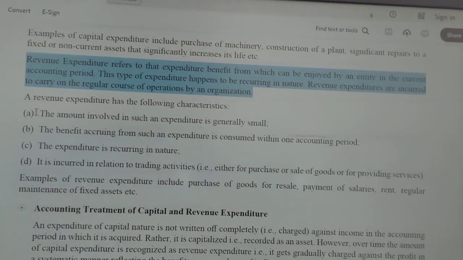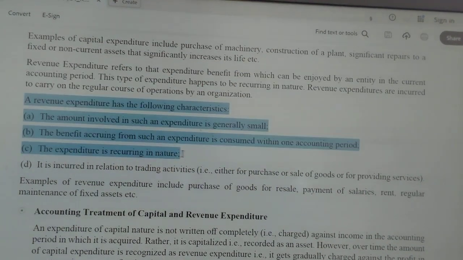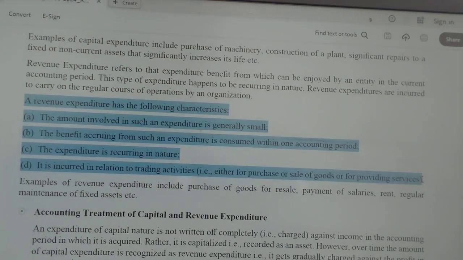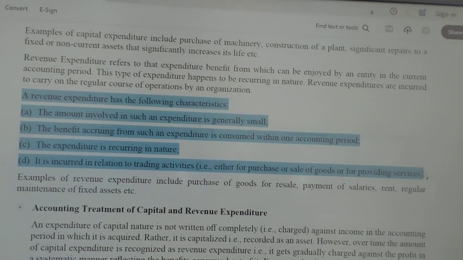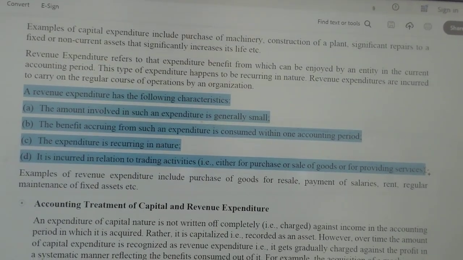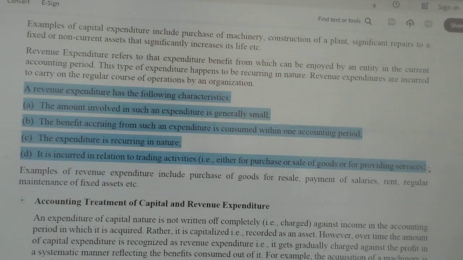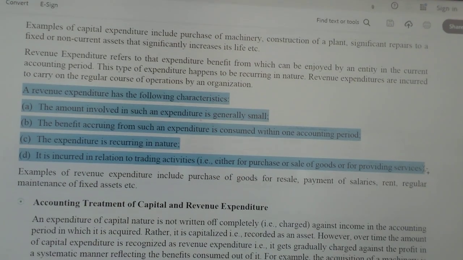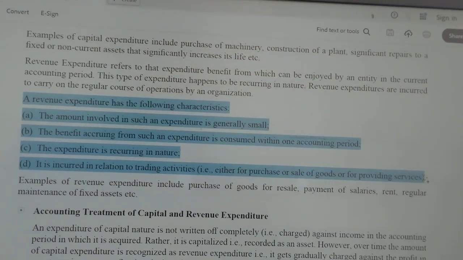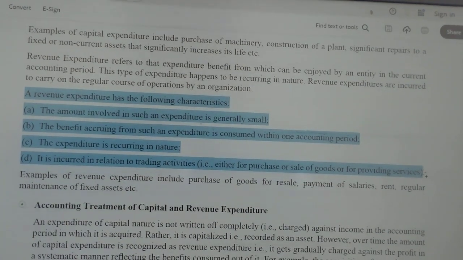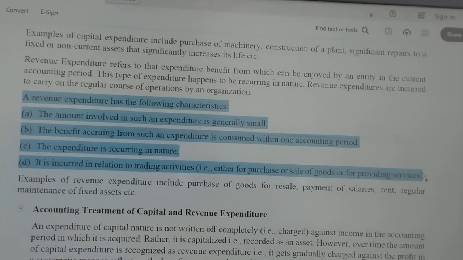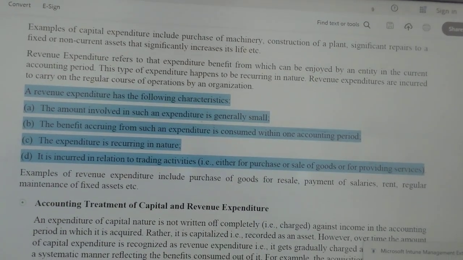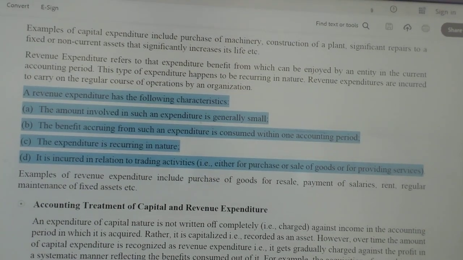Let's understand the features of revenue expenditure. First, the amount involved in such expenditure is small, whereas in capital expenditure the amount involved is very large.